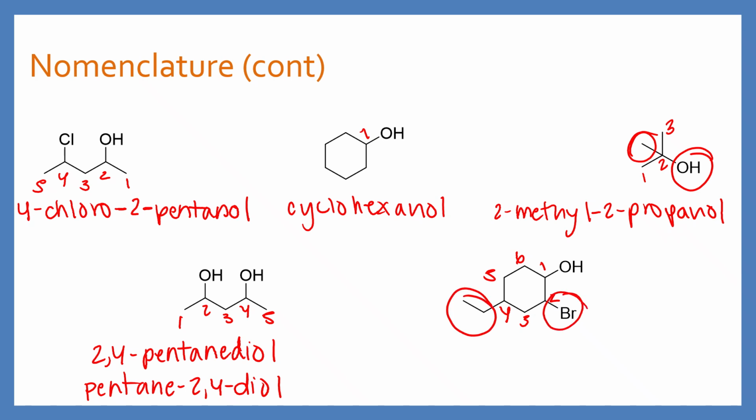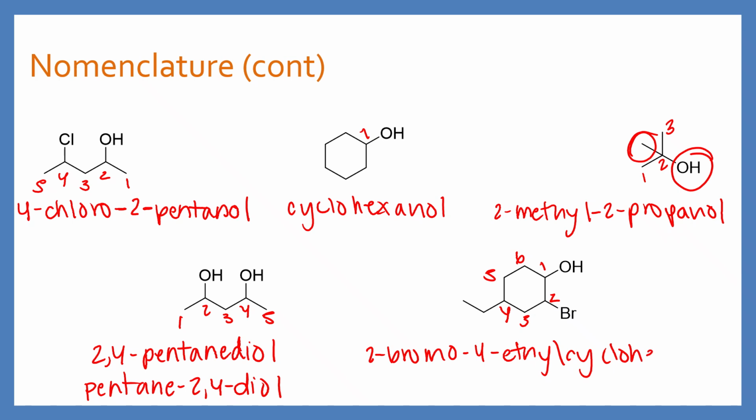So bromo is going to come before ethyl. So this molecule is 2-bromo-4-ethylcyclohexanol. We still do not have to provide a number for the alcohol because it's automatically number 1. There's no other possible number it could be.